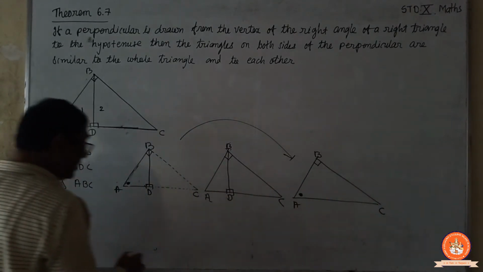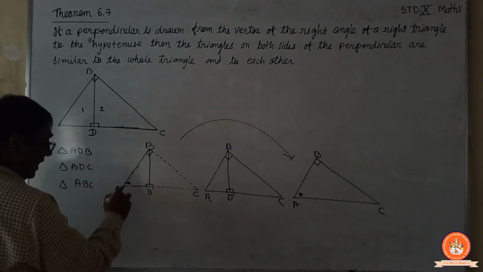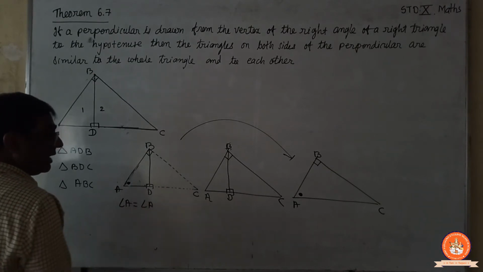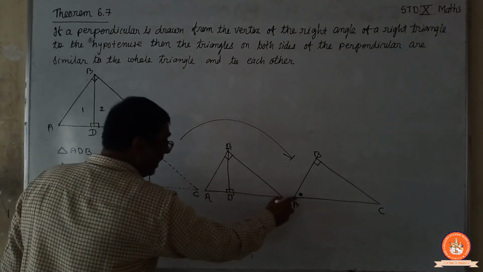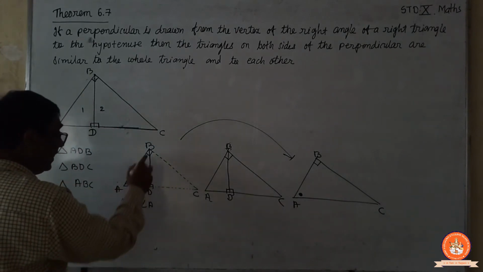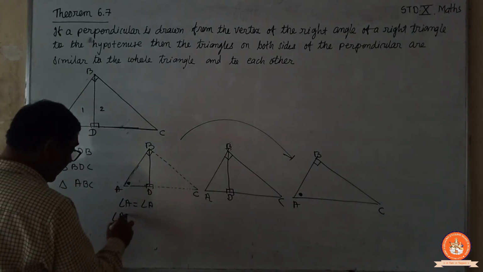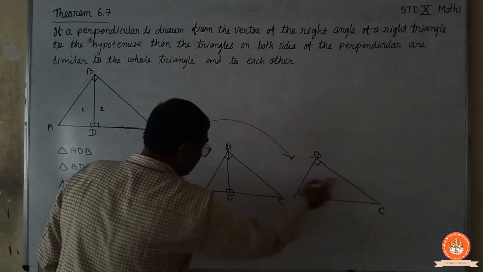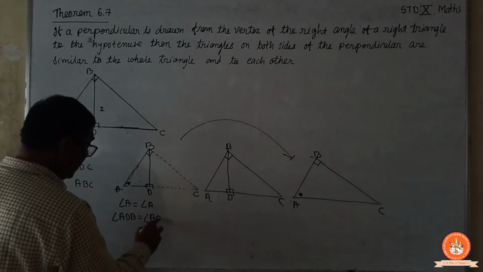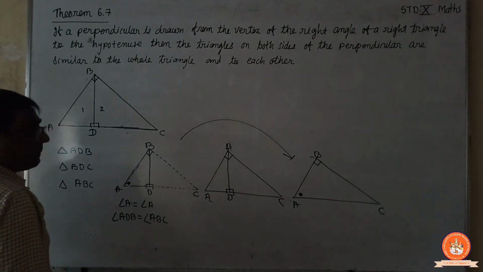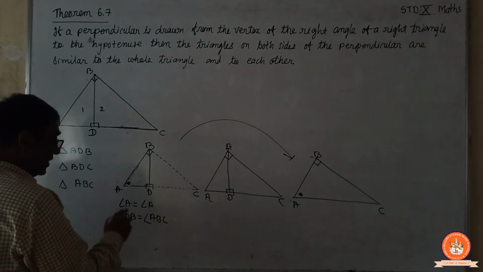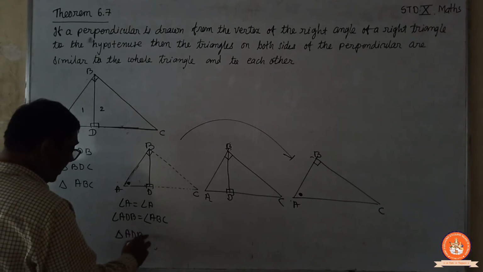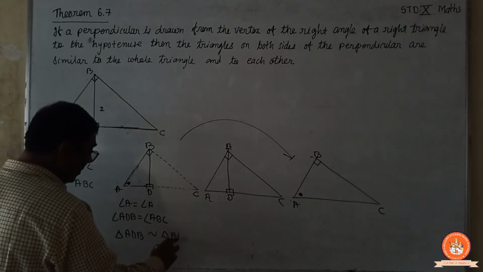So angle A is equal to angle A. Moreover, angle ADB is equal to angle ABC. Therefore, using this criterion we can prove that triangle ADB is similar to ABC.